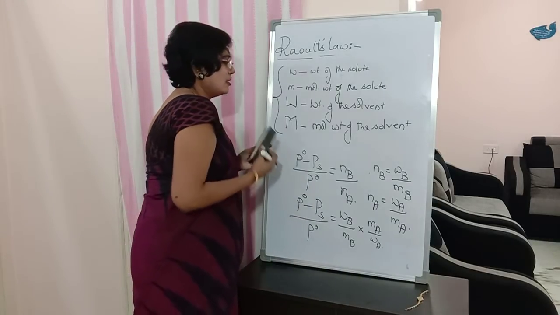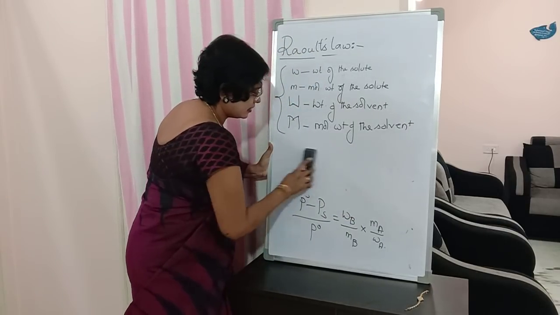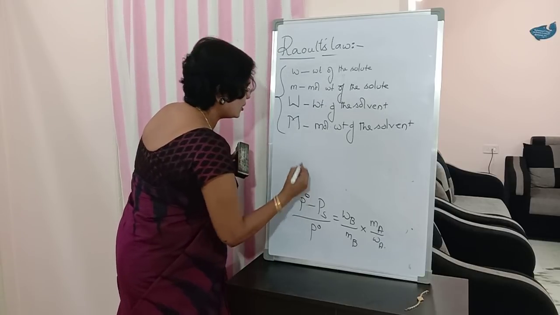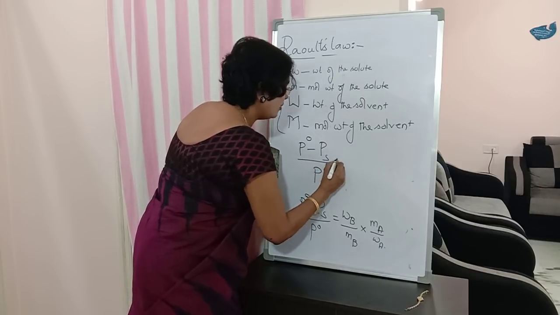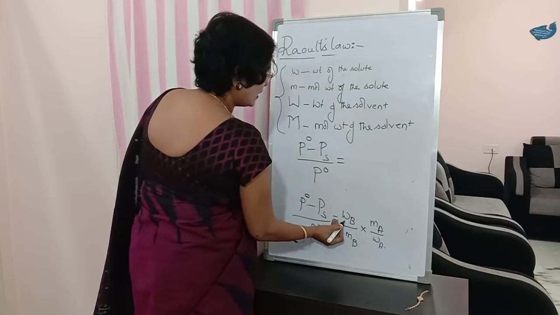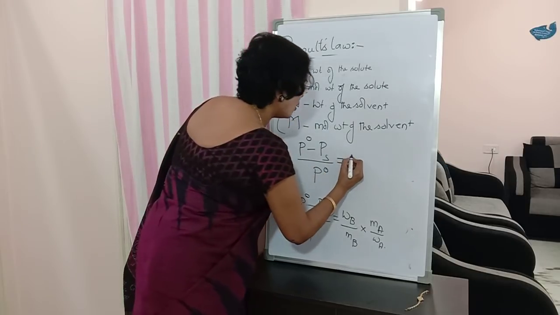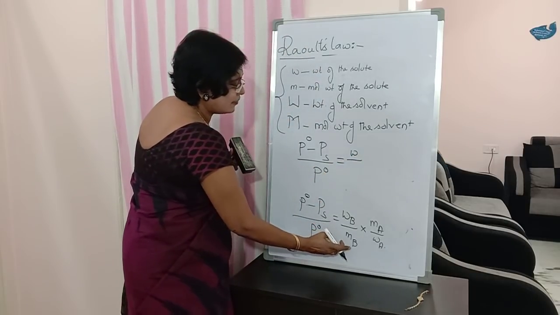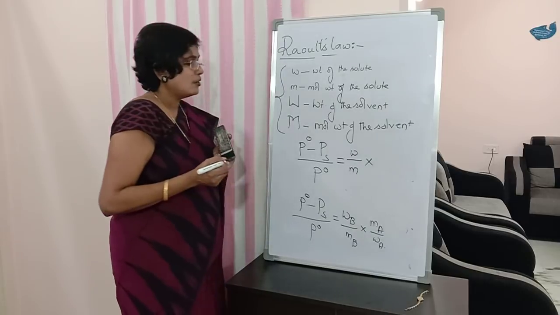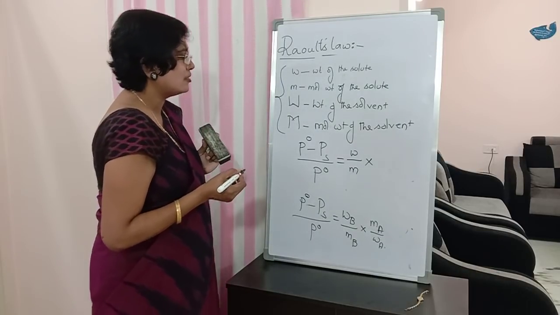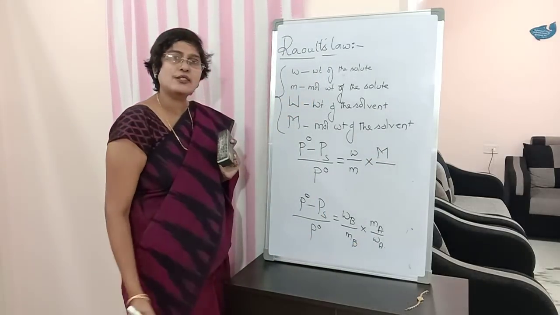Written? Now, so in general we can write P0 minus Ps by P0 is equal to, students, what is this? Weight of the solute. So weight of the solute generally we can take small w by molecular weight of solute. In general we can take small m into, what is Ma, students? Molecular weight of the solvent. In general we can take capital M. Next, Wa is weight of the solvent.